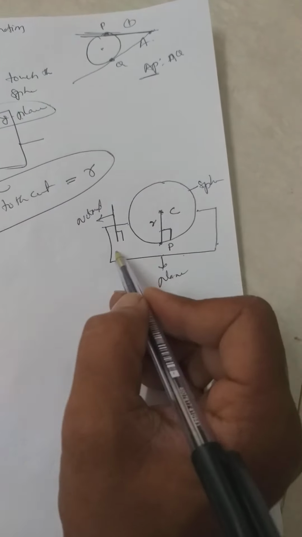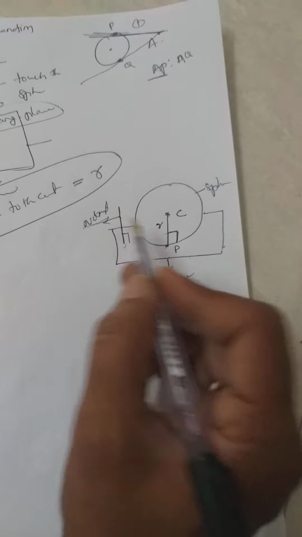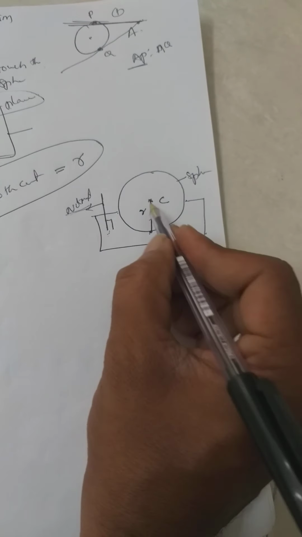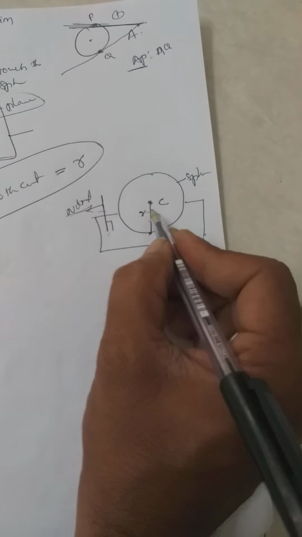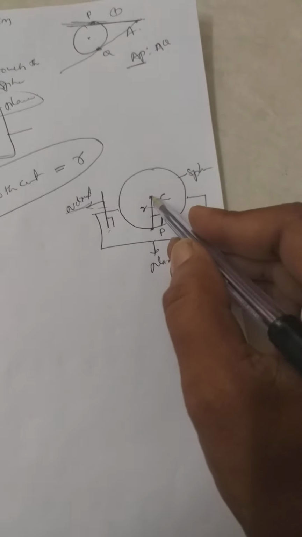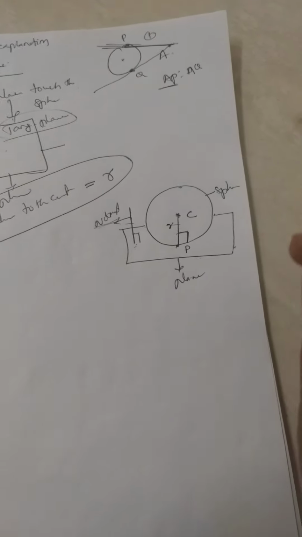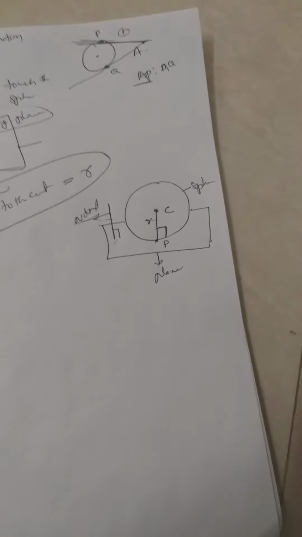This is a line perpendicular to the plane, therefore it is called the normal. Now look at this normal and this line: these two are parallel to each other. The normal is always parallel to the line CP if the plane touches the sphere at a point P only.